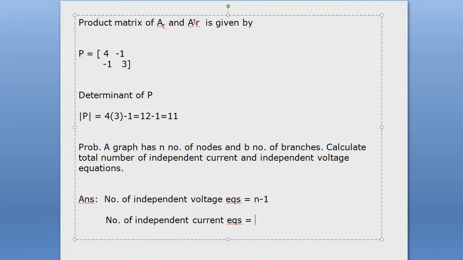Okay, the number of links is equal to how many? Branch minus node plus 1. Branch minus node plus 1.